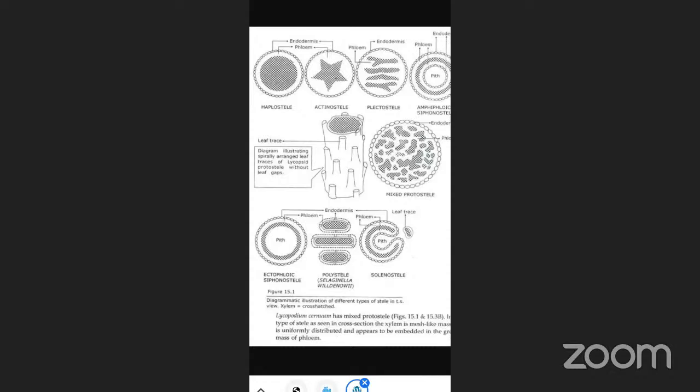Here, types of primary xylem. Three types of primary xylem are recognized based on the relationship between the protoxylem and metaxylem with reference to their position. What is the protoxylem and what is the metaxylem based on their position?